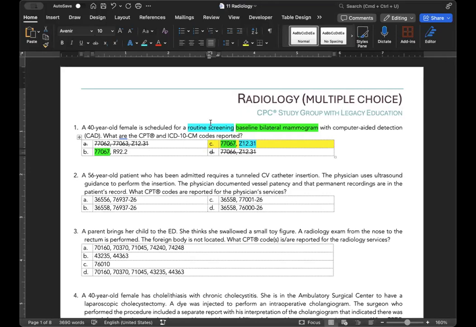So that screening word is going to be that key indicator. And then just for S's and G's, let's go look at 77062. And that one is for a diagnostic digital breast tomosynthesis and bilateral. So again, that screening and mammogram are our key indicators there. Absolutely. Any other questions?